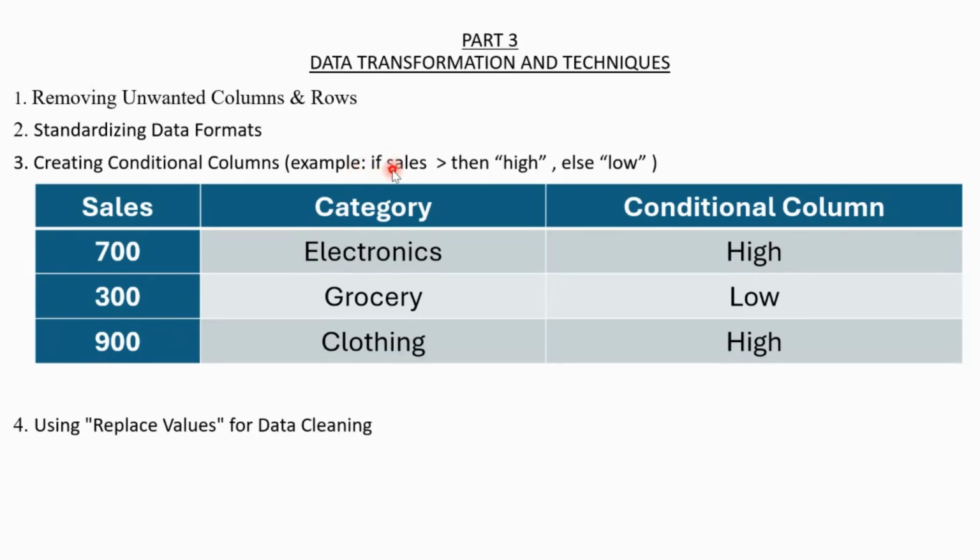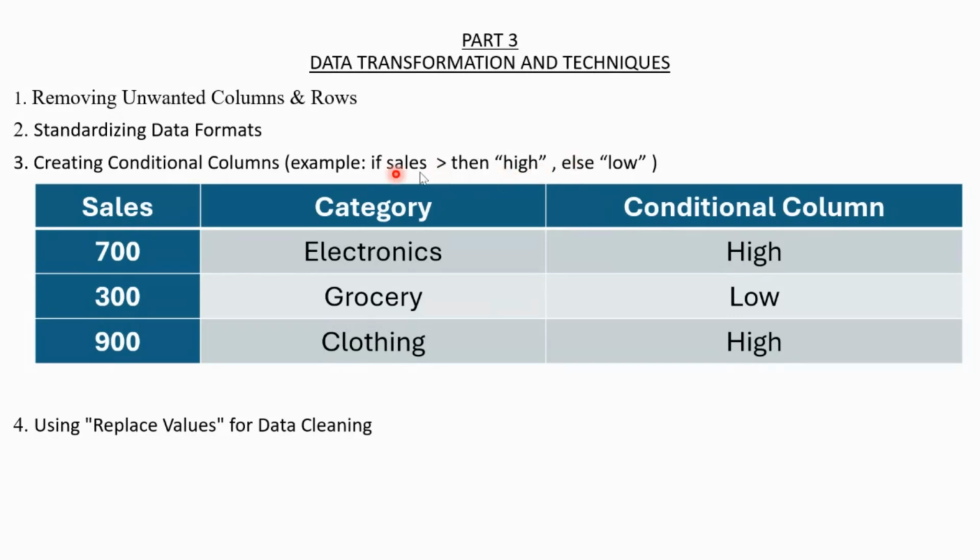If sales is greater than 100, then give it I, or else we give it low. This is not really common because we are working with only two conditions.